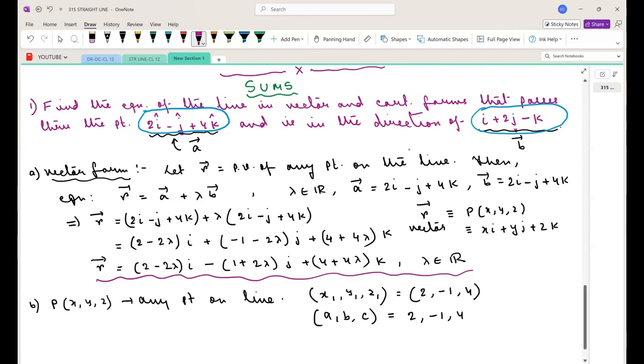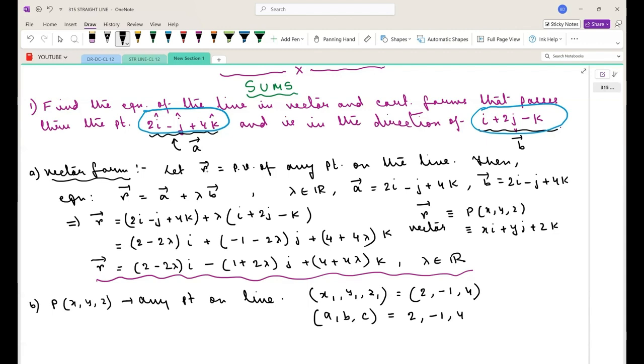Really sorry. It's not a small mistake at all. Anyway, here also we have to make the changes. So our b is i plus 2j minus k. Then the final answer will also change.